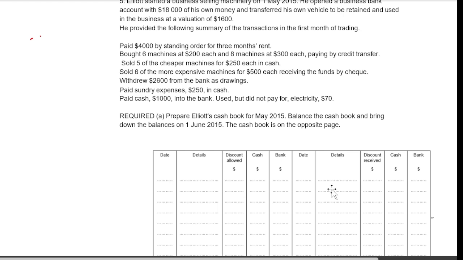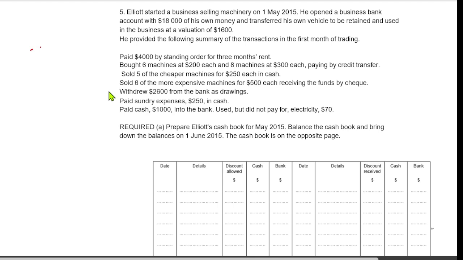So in this question, Allied started a business selling machinery on 1st May. On the 1st May, he opened a business bank account. So when they opened the business, it means they invested money.